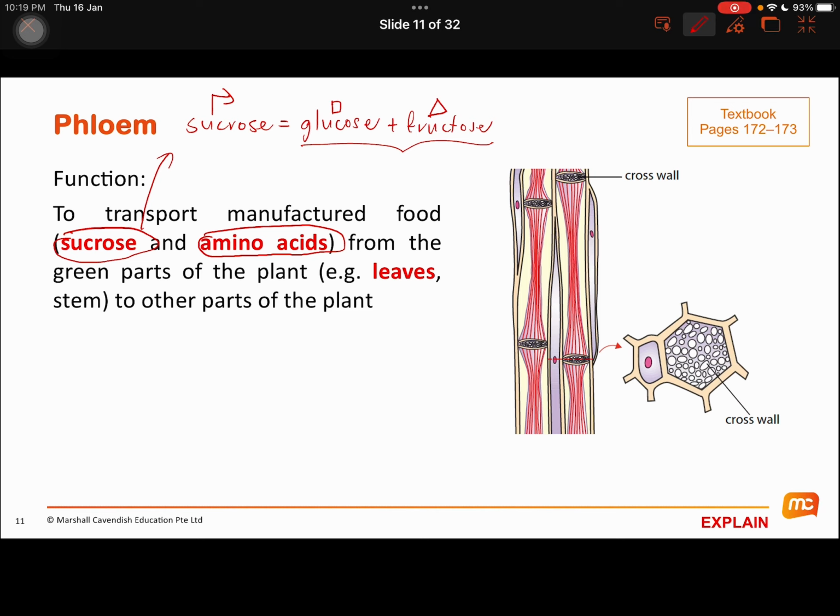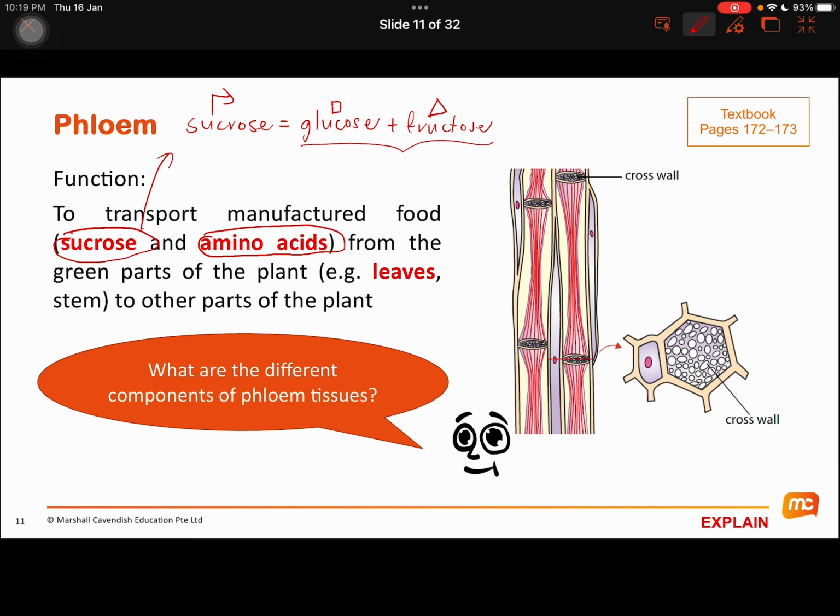So that is the whole entire idea of transporting in the form of sucrose and amino acids. So if you pay attention to how the cross-section of the phloem tissue looks like, you will see some interesting and distinct structures that you didn't see in the xylem tissue. Let's zoom in to find out more.